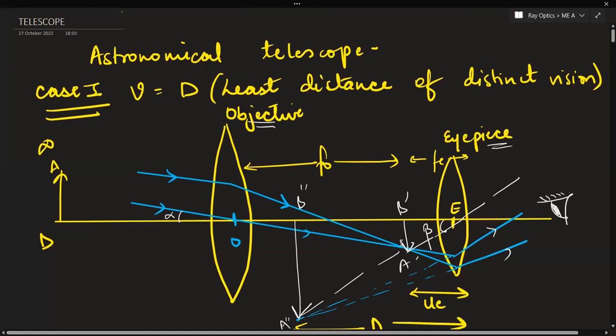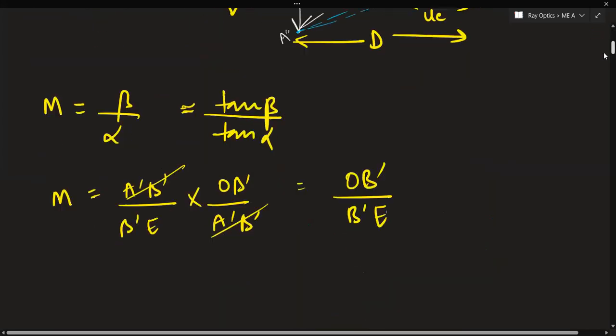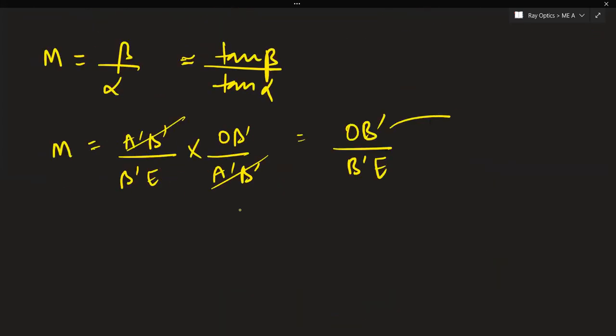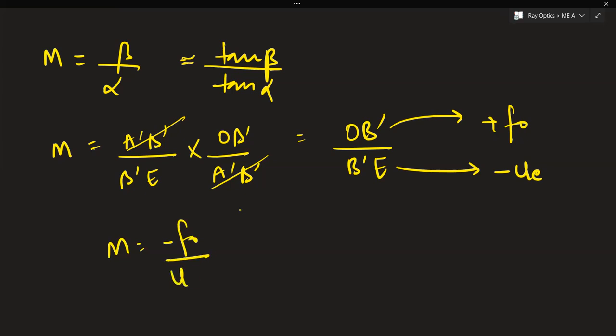This is the intermediate image that is acting as a virtual object for the eyepiece. So this becomes UE, the object distance of the eyepiece. OB dash is the focal length of the objective lens, while B dash E is the image distance for it, right? So magnification becomes minus F naught by UE till now.